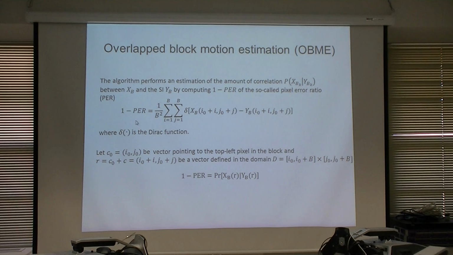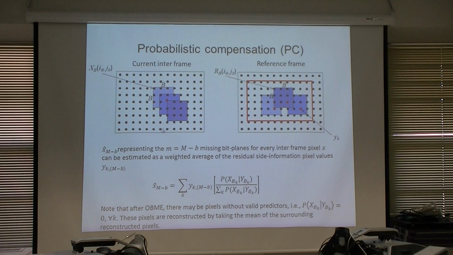So if we write the estimation of correlation probability in the vector general form, C sub 0 represents a vector pointing to the top left pixel in the block, and R represents a vector defined in the domain capital D. Since we have a number of overlapping blocks, each pixel in the interframe will belong to a number of overlapped blocks.